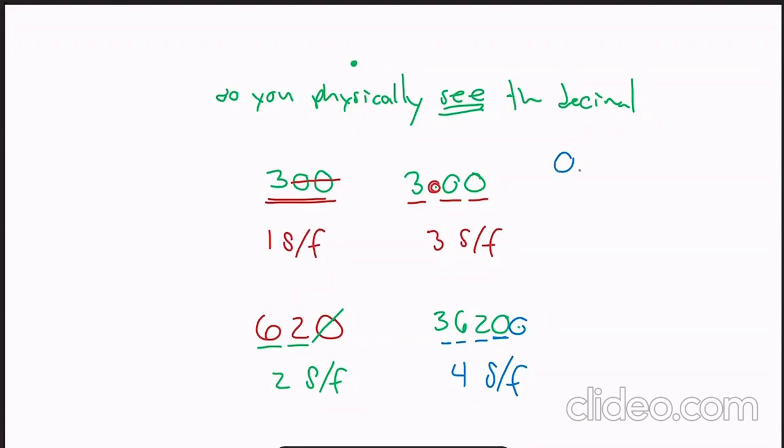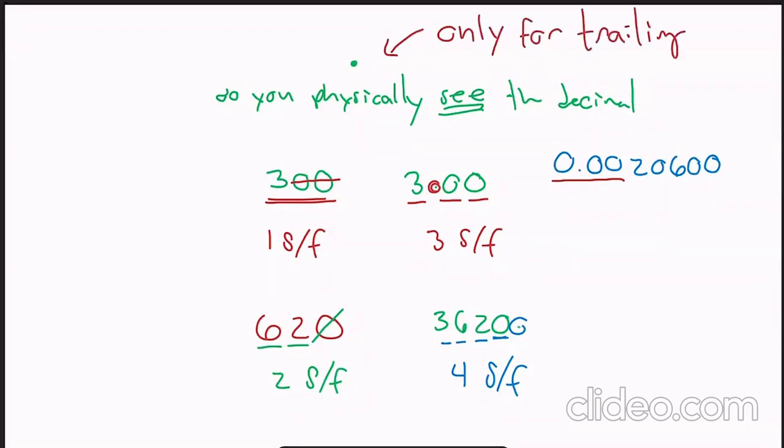Let's write this value here. Well, there's a lot of zeros here. Let's see which ones we have to include, which ones we don't. Well, do we have to include leading zeros? I know there's a decimal here, but this is only for trailing zeros. That's it.